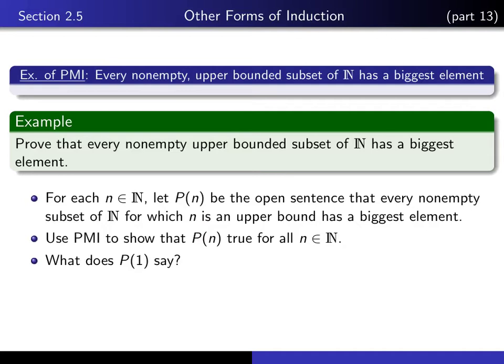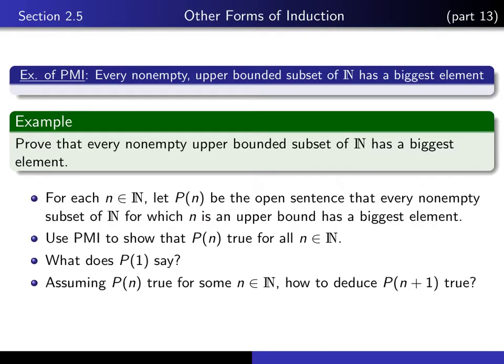Well, if 1 is an upper bound of a non-empty subset of the natural numbers, then 1 is bigger than or equal to every element in that set, and the set is non-empty, so that set really has to be simply the singleton {1}. It can't have anything else in it, since 1 is the smallest possible natural number. And therefore the biggest element is also 1.